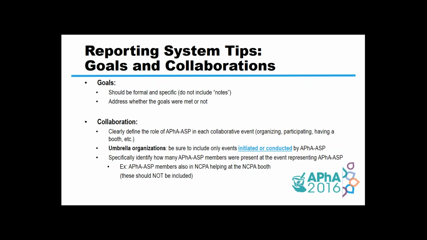So what was the role in organizing the event, participating, or having a booth? Be sure to clearly define that. For umbrella organizations, please be sure to include only the events that were initiated or conducted by APhA-ASP. And also, please specifically identify how many APhA-ASP members were present at each event representing APhA-ASP.